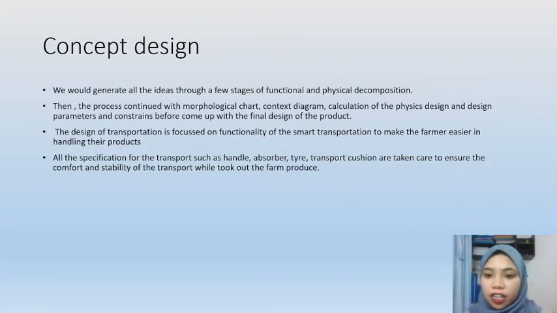So all the specifications for the transport, such as handle, absorber, tire, transport cushion, are taken care of to ensure the comfort and stability of the transport while taking out the product from the farm. This is a very important factor, because people will buy the product from its outer design, and also by its amazing functionality.